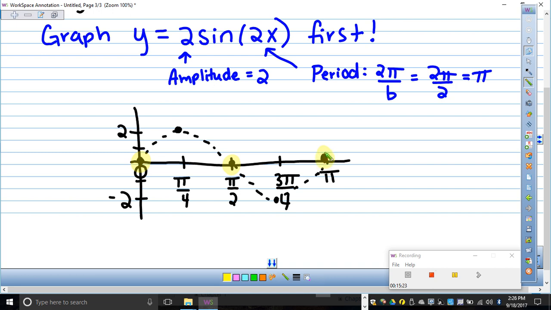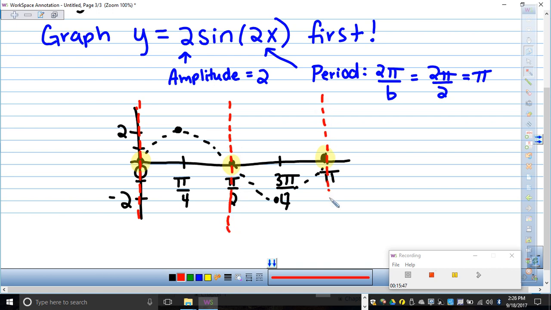The x-intercept is where that sine value is equal to 0, and if sine is 0, if we take the reciprocal, we end up with 1 over 0, which is undefined. So we're going to locate the x-intercepts, and we're going to draw vertical asymptotes through our x-intercepts. So let's make a note of that off to the side.